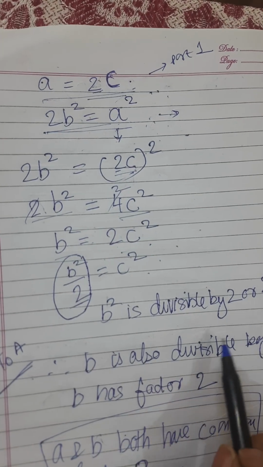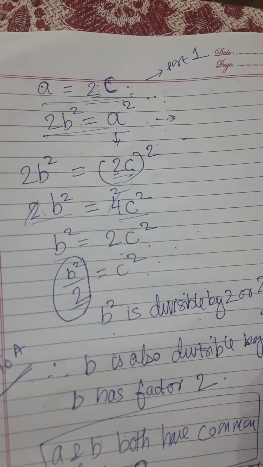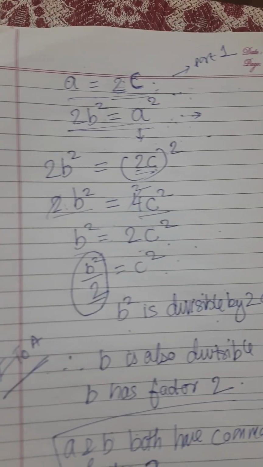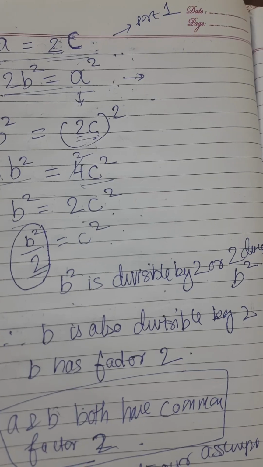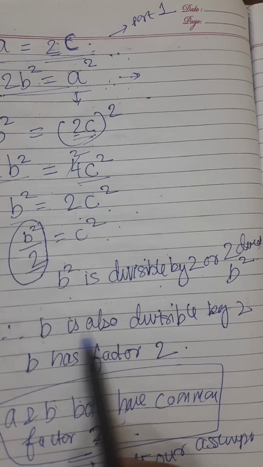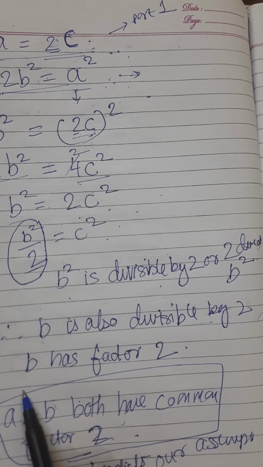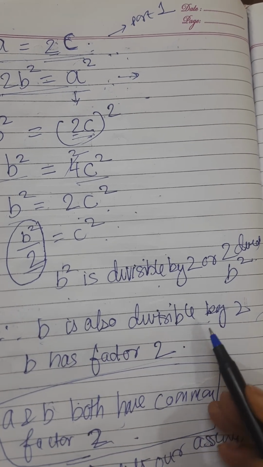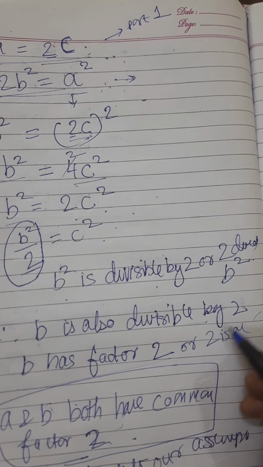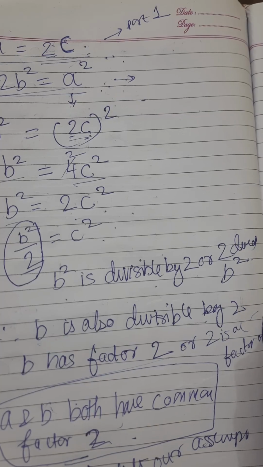Again, like before, b square is divisible by 2, or 2 divides b square, which by the fundamental theorem of arithmetic says b is also divisible by 2, which means b has a factor 2, or 2 is a factor of b. You can write it both ways.